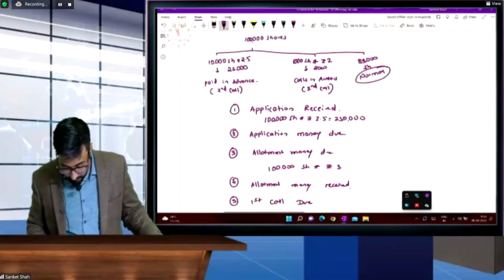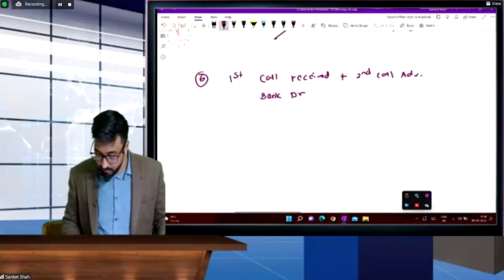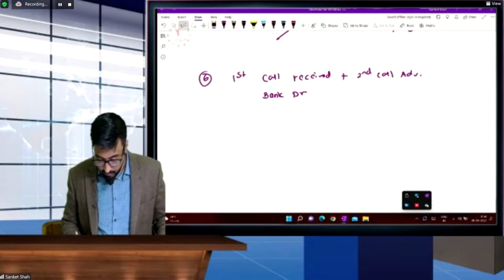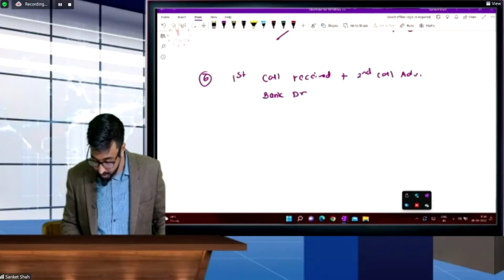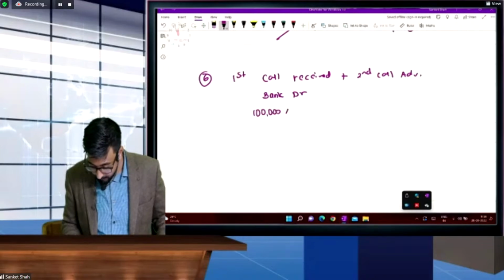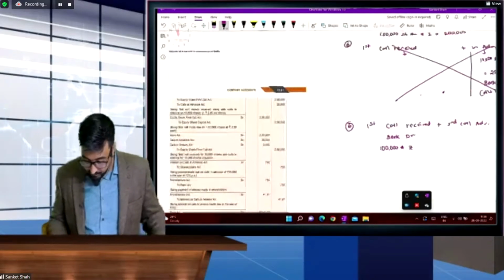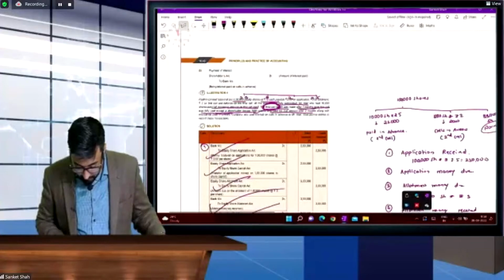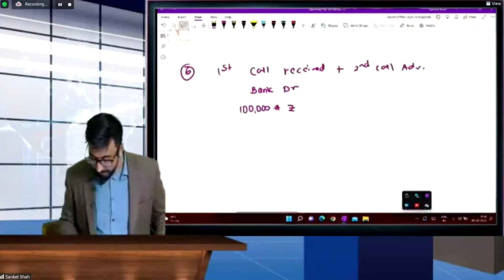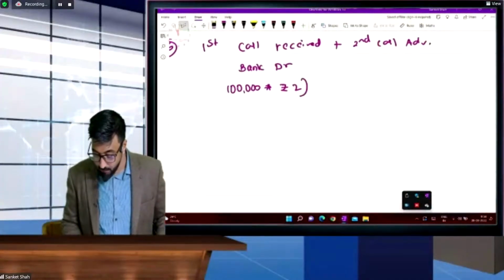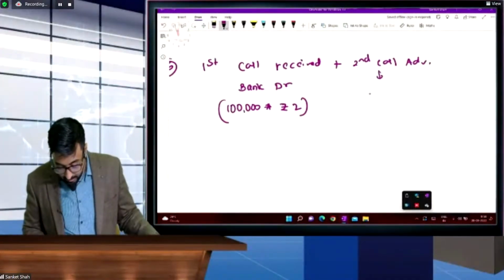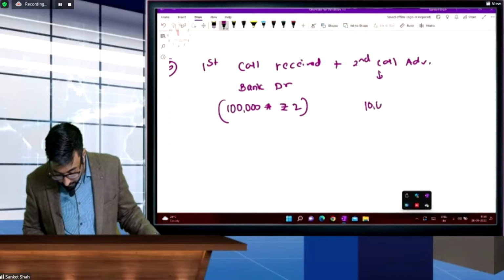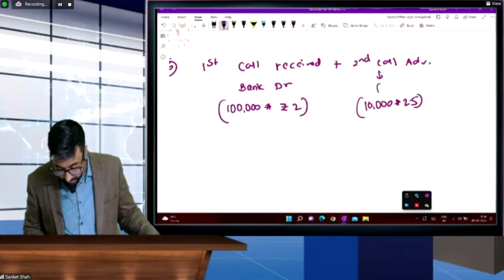Bank account debit. Diagram is getting changed, beta. Bank account debit. How much, beta? Full 1 lakh shares into rupees 2, as per the diagram. First call received on 1 lakh shares fully, and second call, 10,000 shares into 2.5 received in advance.